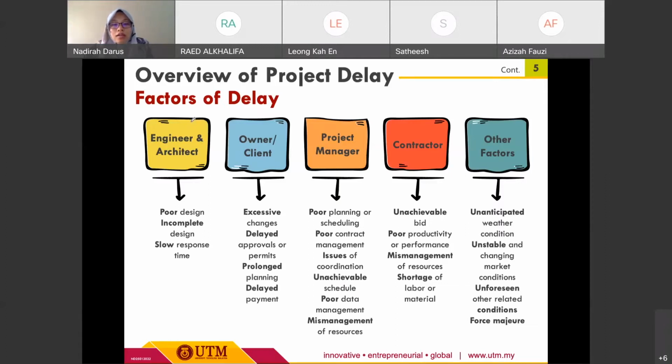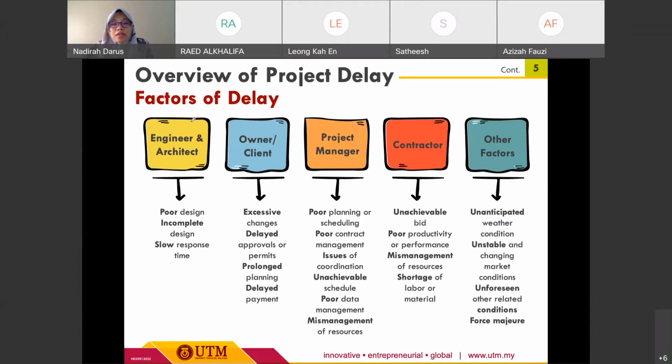I'm sure that if you refer to other references, for example, referenceable journals or articles, you may also find other related factors for delay, because delay itself is quite a big concern, a big issue in the construction industry, in construction management.